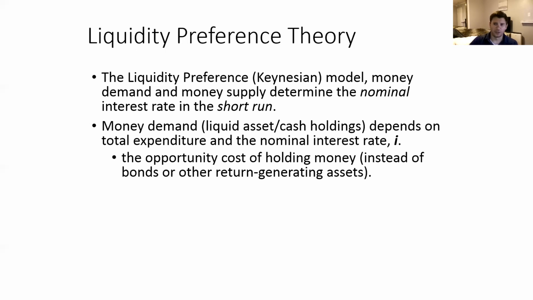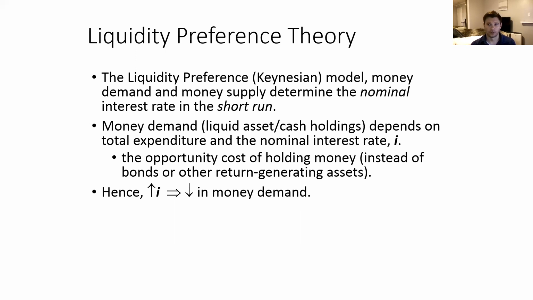So basically, you can think of the nominal interest rate, i, as some measure of your opportunity cost of holding money. It's the rate of return that I'm giving up from holding cash that I could have made by investing in another asset. But the problem is there's a trade-off, and the trade-off is the other assets are not as liquid.